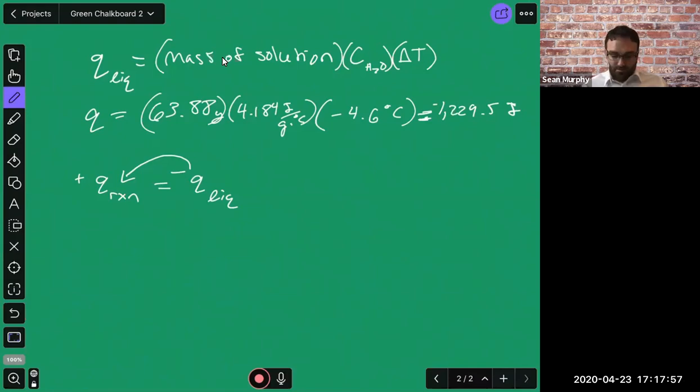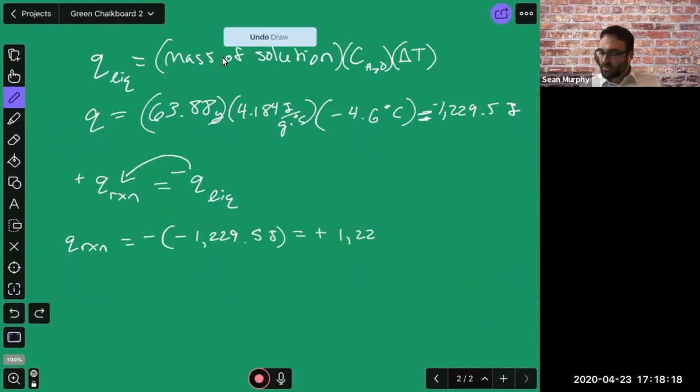So that being said, for our reaction, if we substitute some numbers in here, 1229.5, we're going to get positive 1229.5 joules.